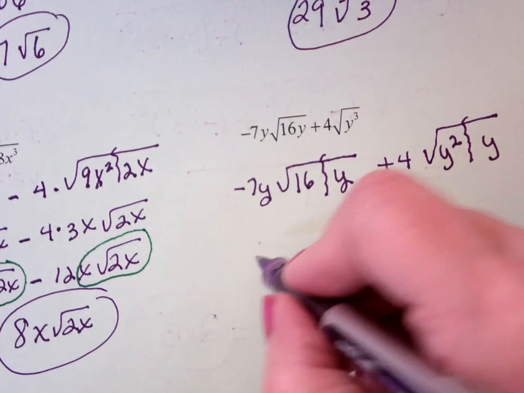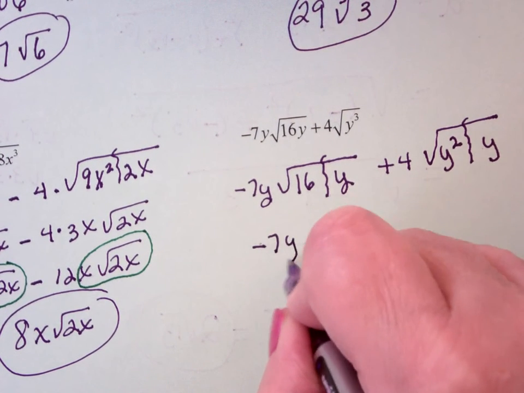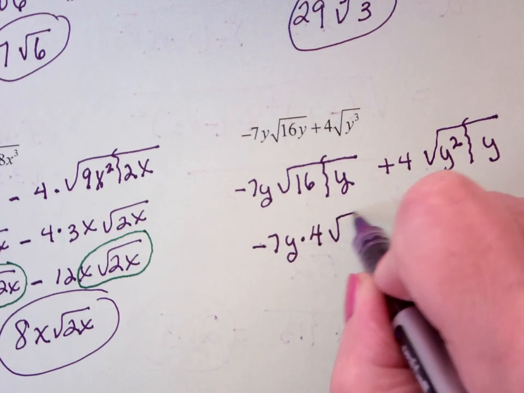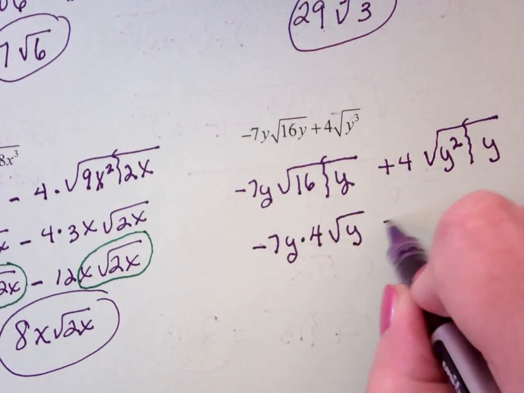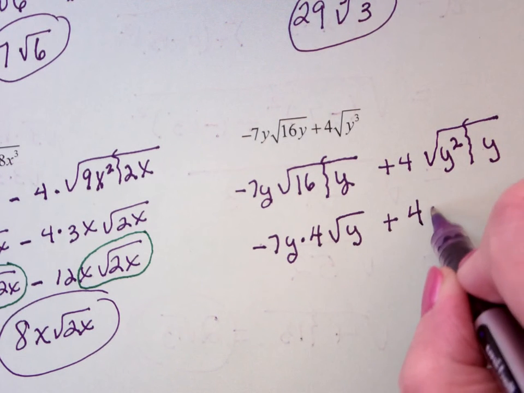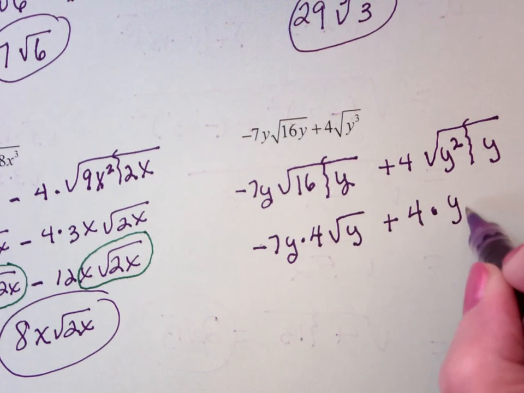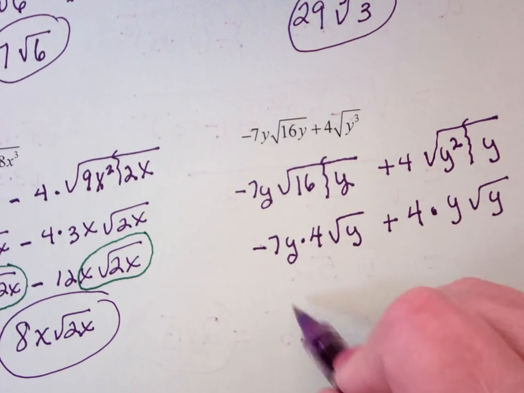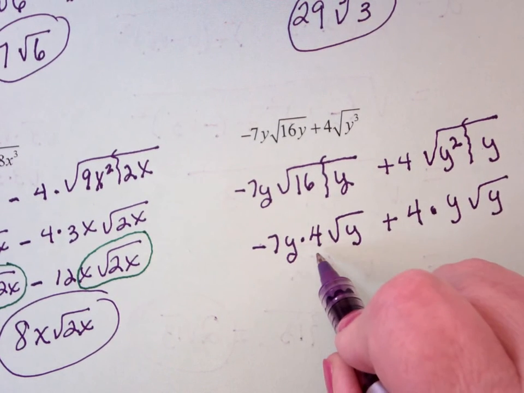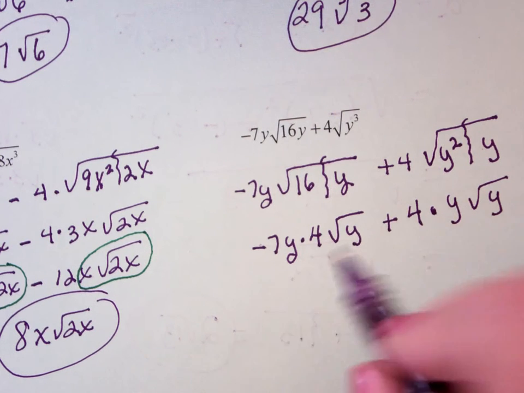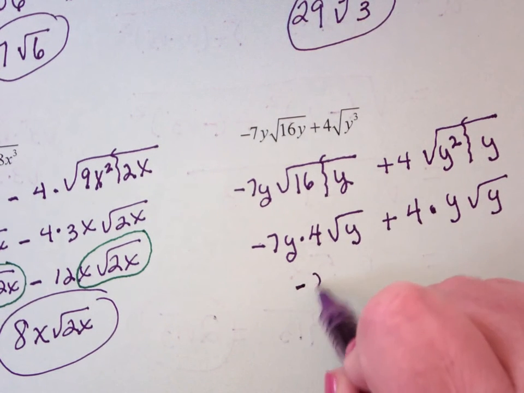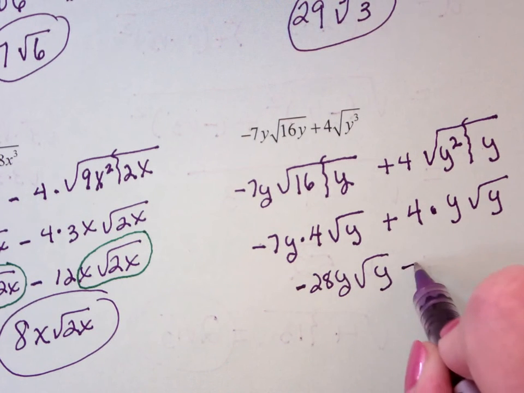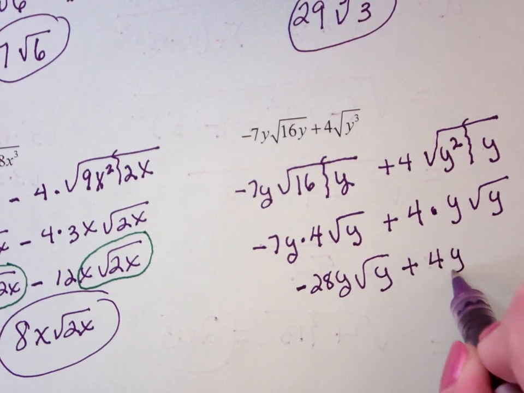So I'm going to have a negative 7y times square root of 16 is 4, left over is y, plus 4 times square root of y squared is y, left over is y. 7y times 4 is minus 28y square root of y, plus 4y square root of y.